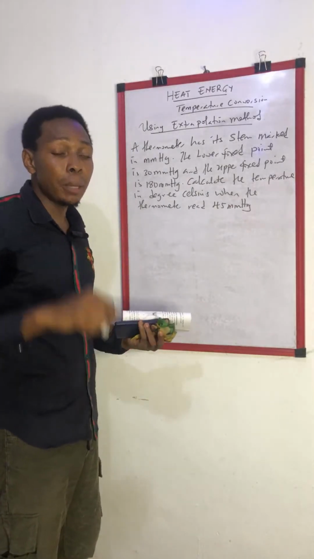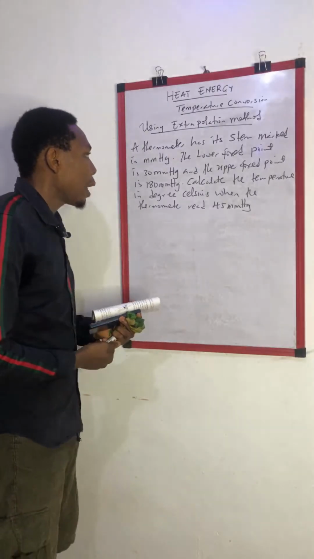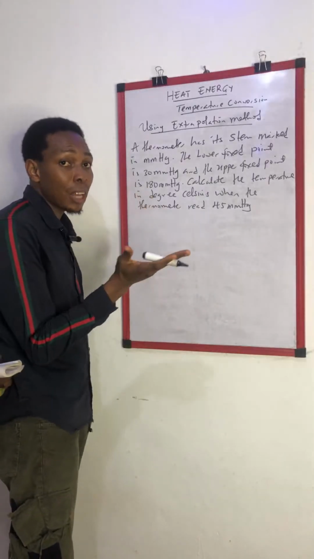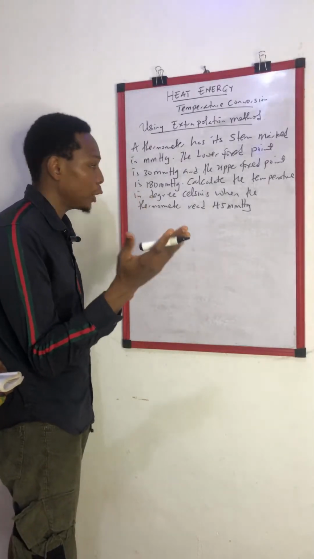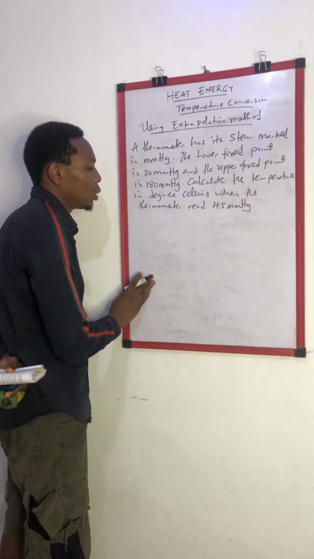So we are still using the same extrapolation method. So this is under gas thermometer. Now, under gas thermometer, that is at constant volume, we also have at constant pressure. So this time around, we are told that a thermometer has its stem marked. What's the stem?